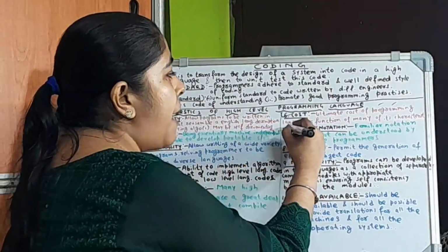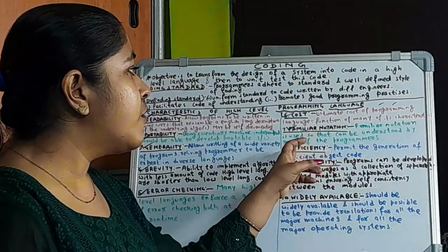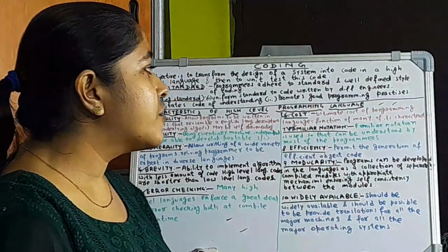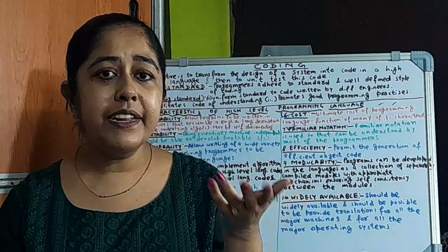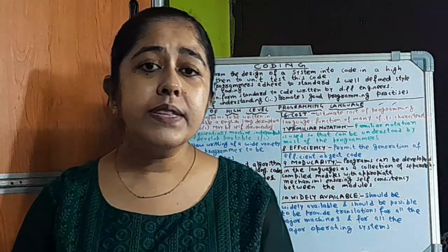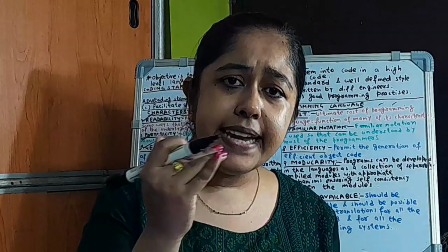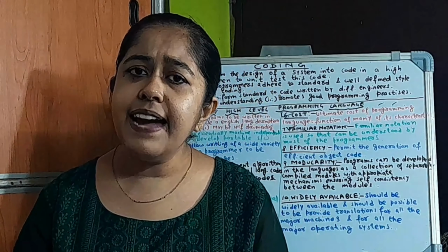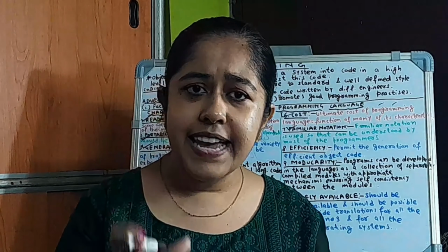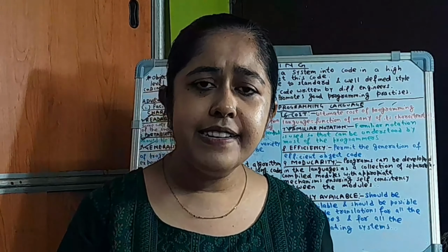Now, familiar notation. Familiar notation is used so that it can be understood by most programmers. As I have already told you, a familiar notation is used so that in any environment, any kind of programmer who is dealing with these codes can easily understand and check the errors, easily enforce the system, and easily run it in any system or any environment.